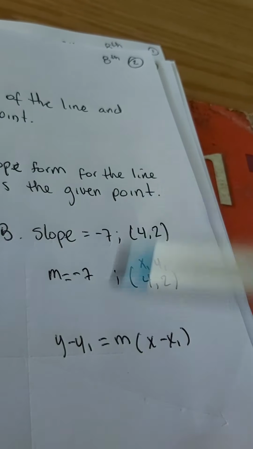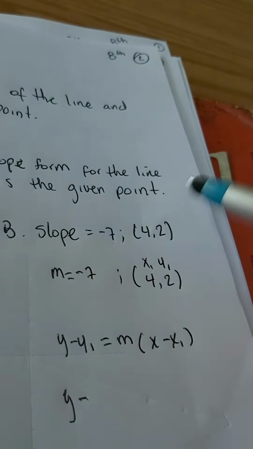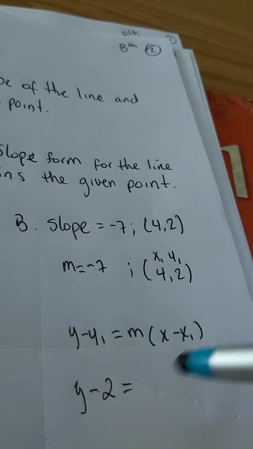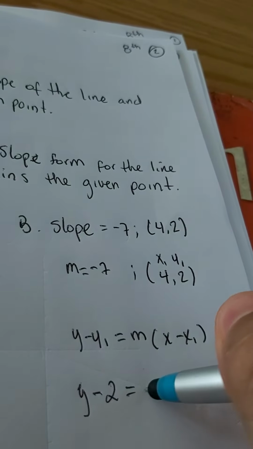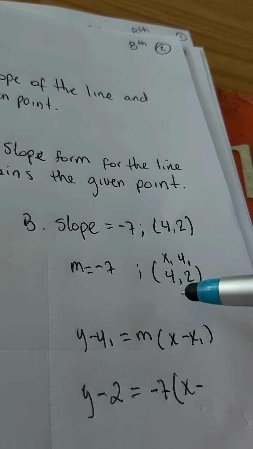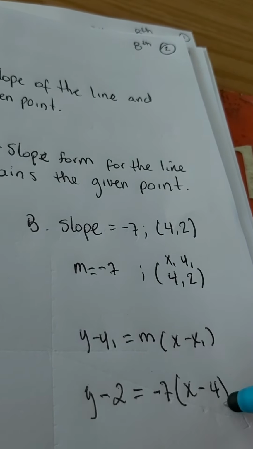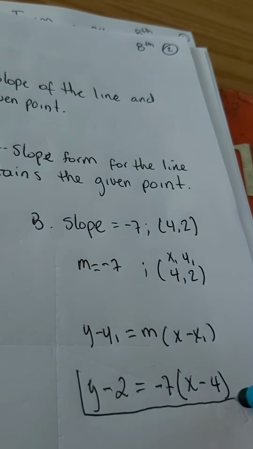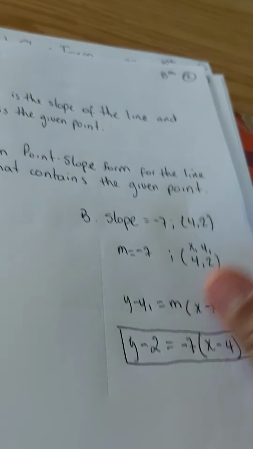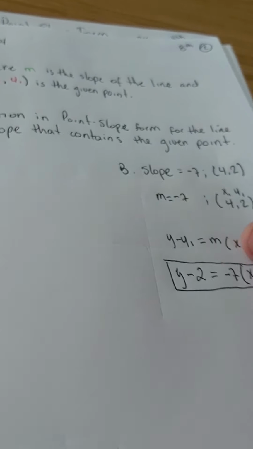Let's substitute y minus y1, 2, equals m, -7, times x minus x1, 4. And that will be our equation in point slope form.